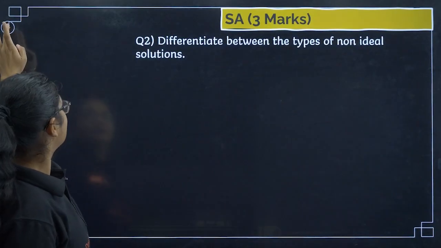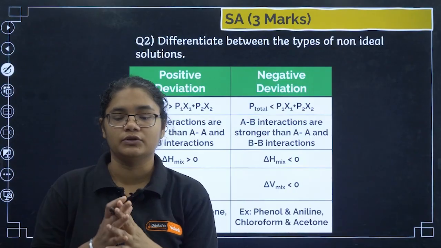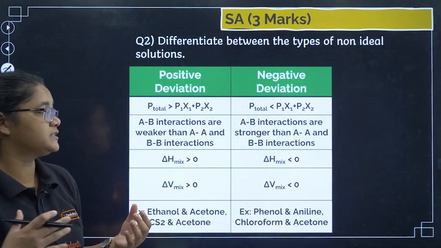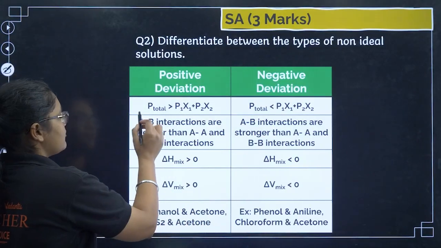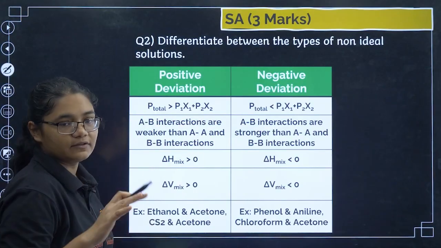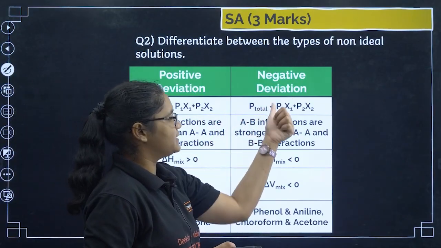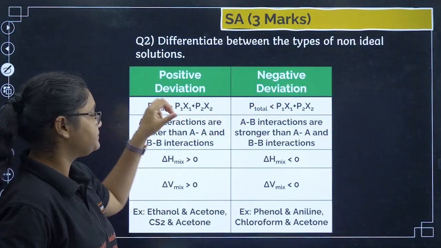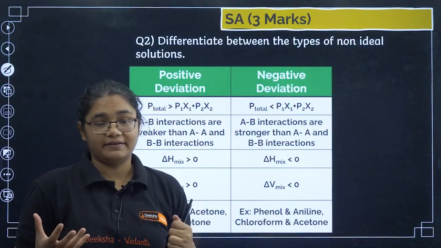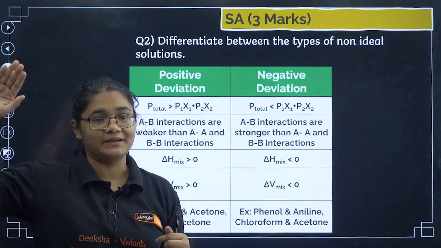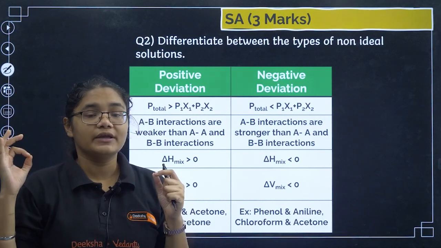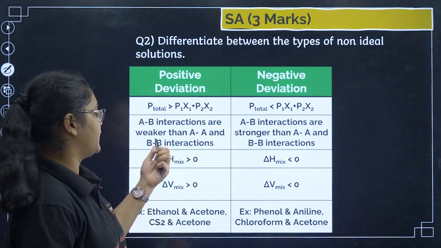Next, differentiate between the types of non-ideal solutions. So we know the types of non-ideal solutions are positive deviation and negative deviation. In positive deviation, the total pressure is greater than Raoult's law and in negative deviation the total pressure is less than Raoult's law. Positive deviation means more vaporization takes place, right? Pressure is created more. So the A-B interactions are weaker than A-A and B-B interactions.